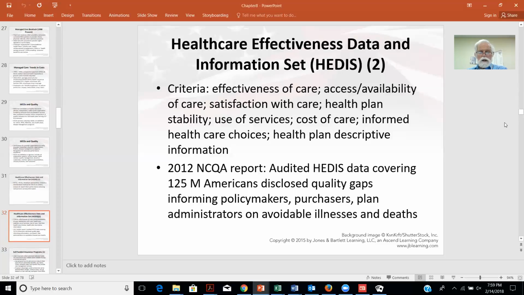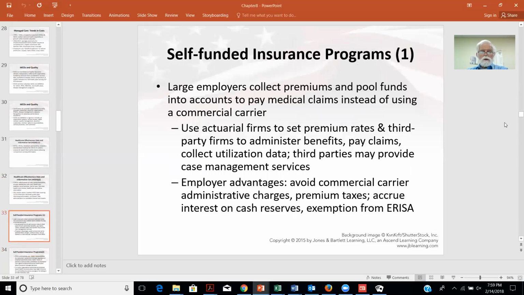Healthcare effectiveness data is part of this. We look at the access and availability, satisfaction by the patient, stability of the plan, costs, basically the entire range of services.